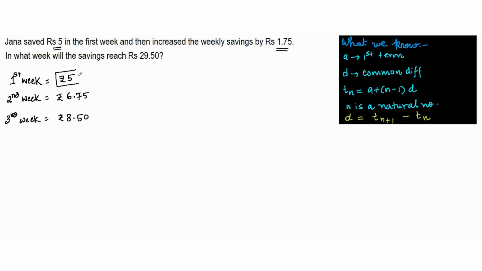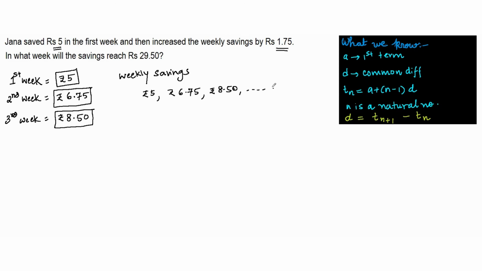So in the first week, this person has saved rupees 5. In the second week, the saving is rupees 6.75. And in the third week alone, the saving has been rupees 8.50. So if you look at the savings, let us look at the weekly savings. The weekly savings are therefore rupees 5, then rupees 6.75, then rupees 8.50, and so on.